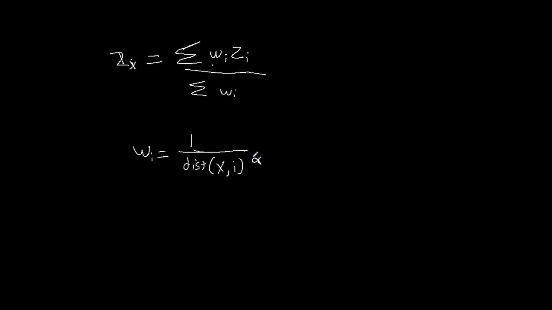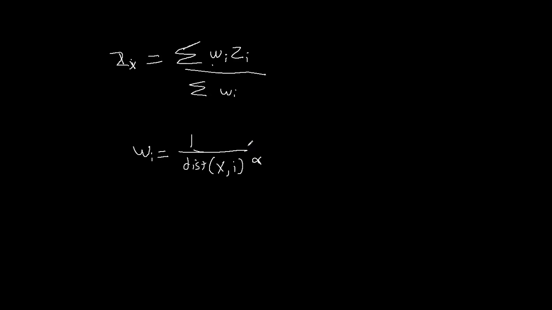Raised to some power alpha. So let's break that down again. This weight that's going into this inverse distance weighted equation is basically the inverse distance. It's 1 over the distance between the point we're trying to estimate and the point that we're looking at. This is the point we don't know. This is the point we do. Raised to some alpha.